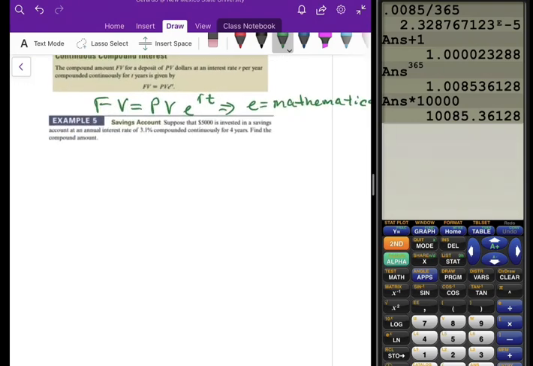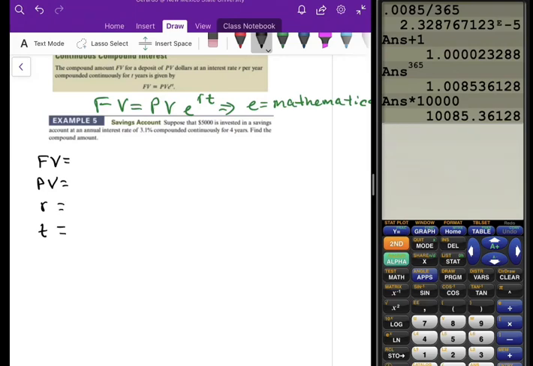Actually, it's in the calculator, right by the ln. So it's just a constant, nothing new. So let's see what we have: future value, present value, rate, and time.